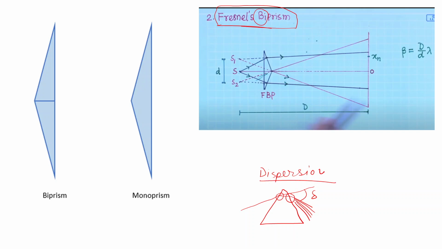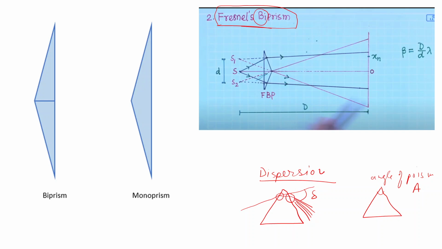So this was the prism we were seeing. We were calling the angle between these two refracting surfaces the angle of prism, capital A, or refractive angle of prism, because it's the angle between two refractive sides.